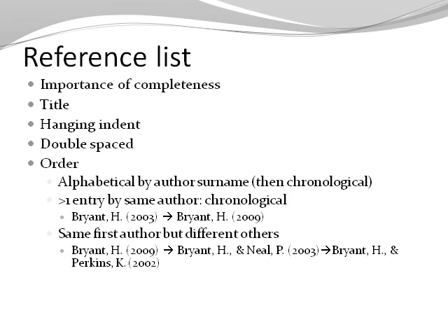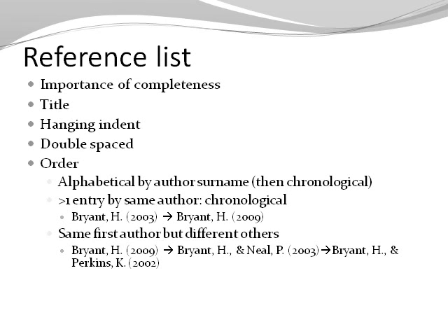So Bryant alone comes before any articles that have Bryant with other authors, regardless of the year. Then we have Bryant and Neal and Bryant and Perkins. You don't go to chronological yet, because you have other authors to look at, so the alphabetical rule is still in place. You look at the next author in the list and order alphabetically by that. N comes before P in the alphabet, so Bryant and Neal precedes Bryant and Perkins, even though the Bryant and Perkins article came a year earlier.